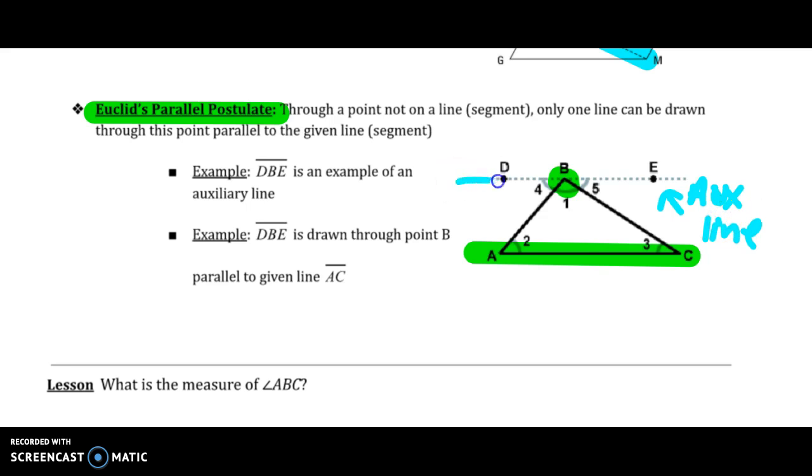Okay, so DE passes through point B, which is not on the given line AC, and there is only one line that can pass through that point and be parallel to AC. So DBE is an example of an auxiliary line, and DBE is drawn through point B parallel to AC. So these are the two terms that we're going to focus on in this particular lesson.